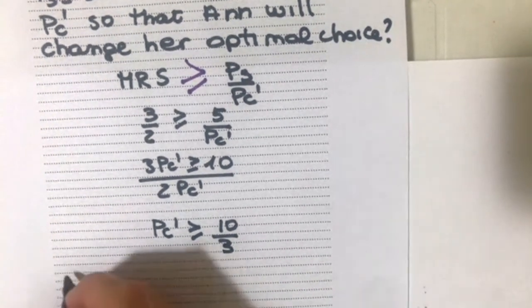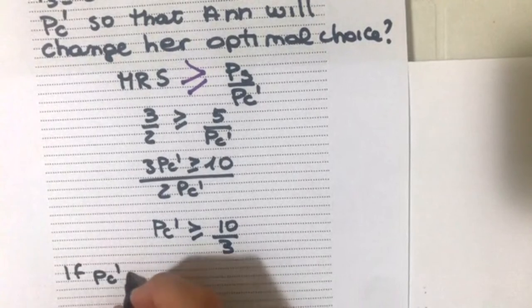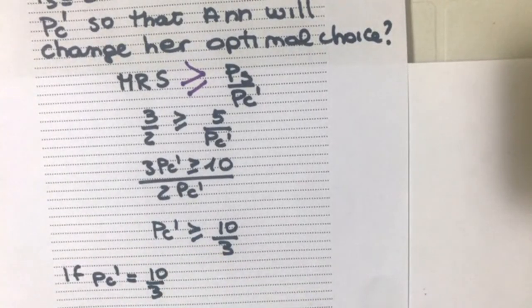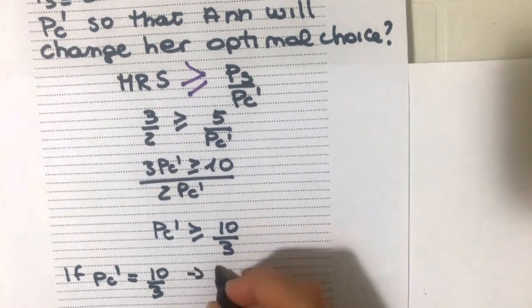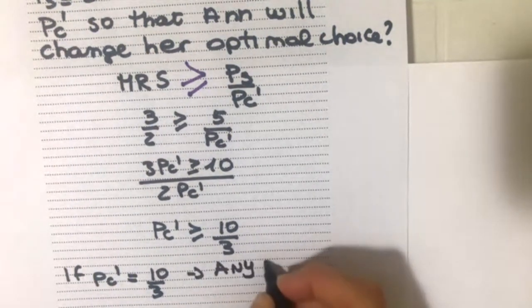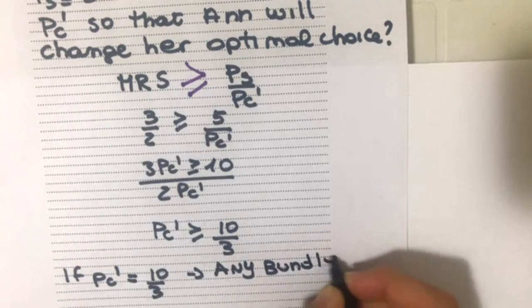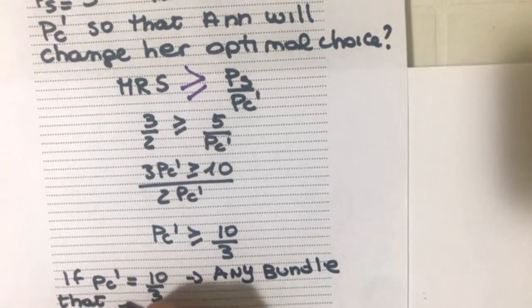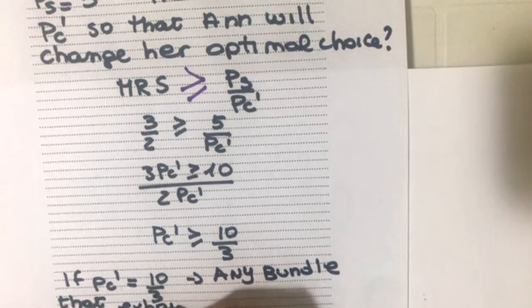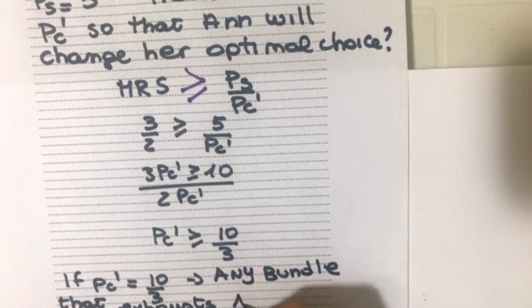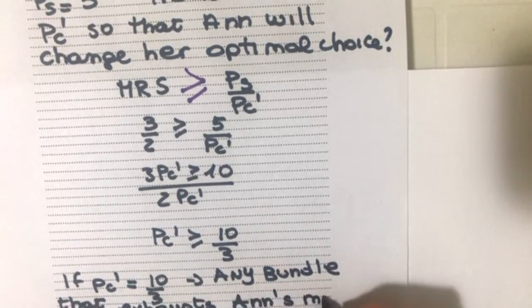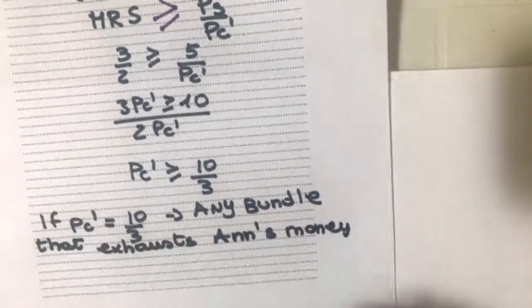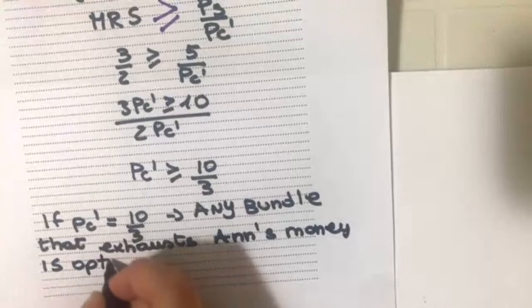If PC prime is exactly equal to 10/3, what happens? Well, any bundle that exhausts N's money is optimal.